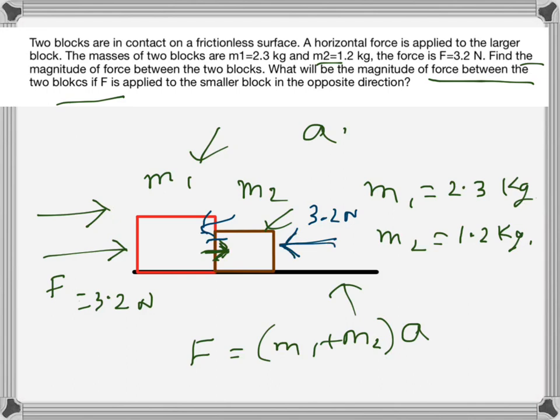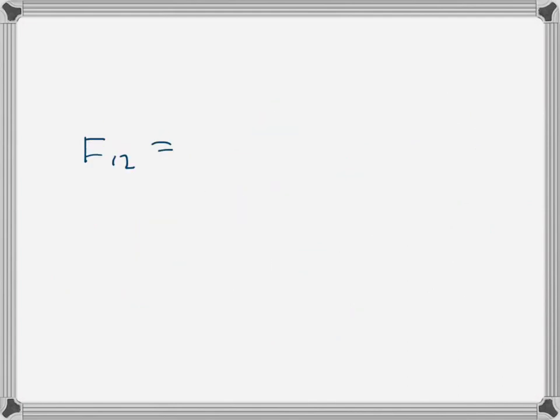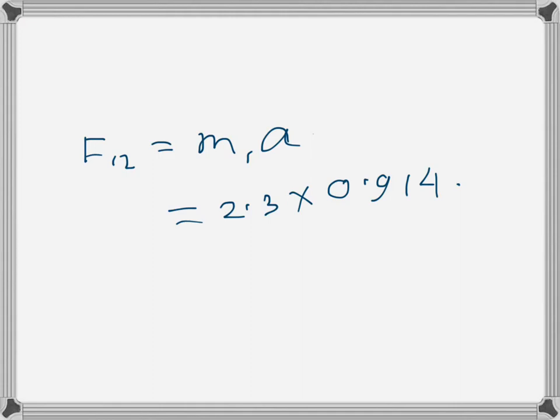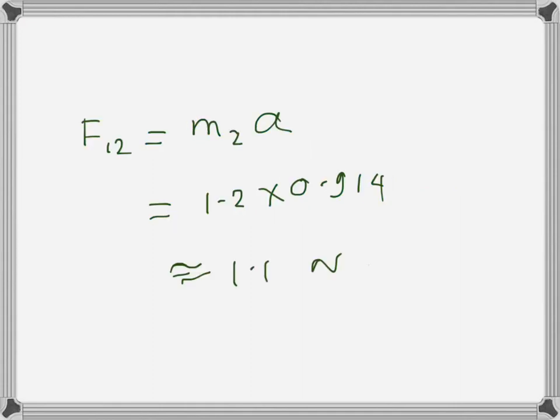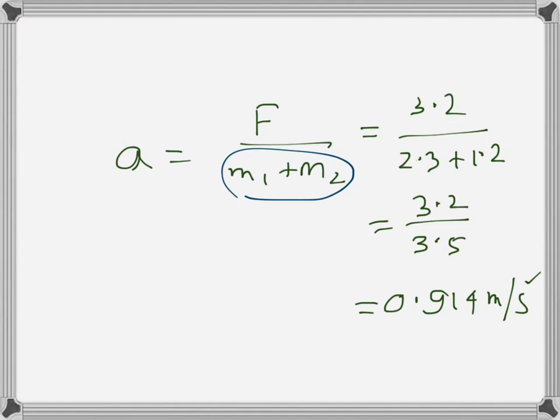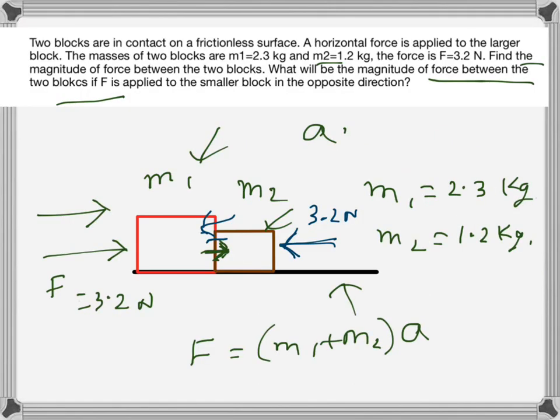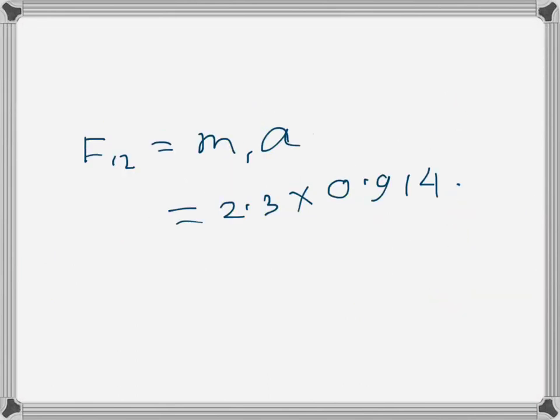So this time the force will be m1 times a, and m1 is 2.3, so 2.3 times 0.914, approximately 2.1 newtons.